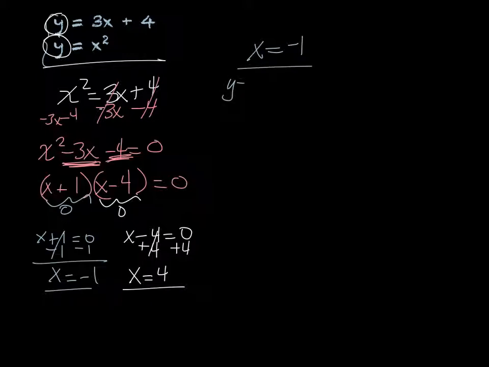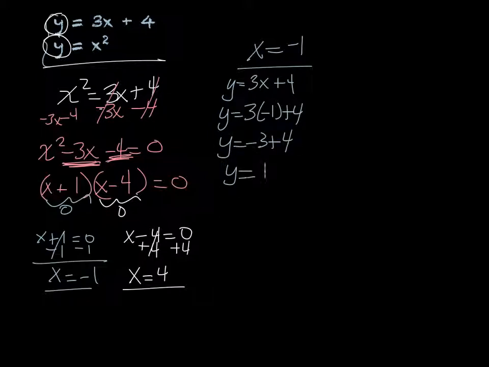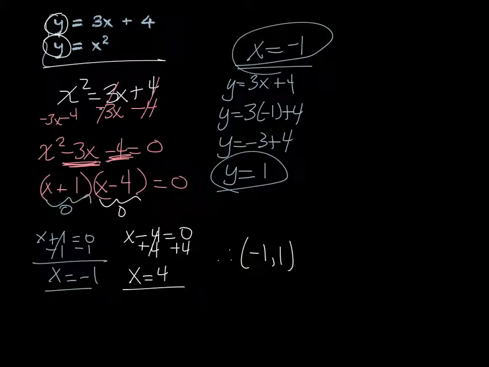So if we put it into that first equation, the linear equation, 3x plus 4, put in negative 1, y equals 3 times negative 1 plus 4, y equals negative 3 plus 4, which is 1. So y is 1 when x is negative 1. And we have our other one. Our other equation, we know that x equals 4, so we're going to put it in, y equals 3x plus 4.